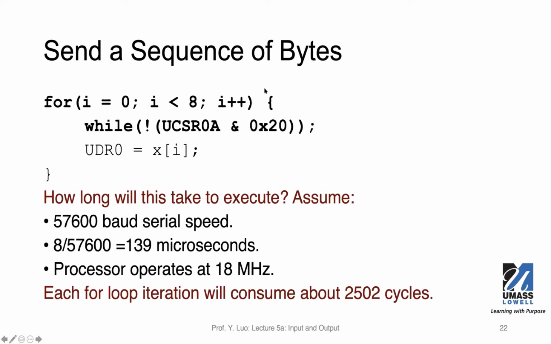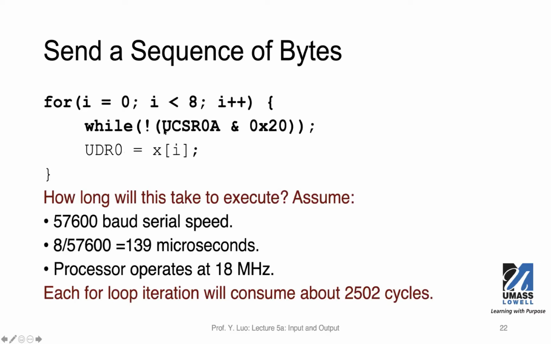Is that semicolon placed in error, the one in the while statement? Okay, very good question. This is the question about the semicolon at the end of the while loop. So this while loop, in fact, does nothing but check the status register. It's not going to execute the next statement until the loop is done.